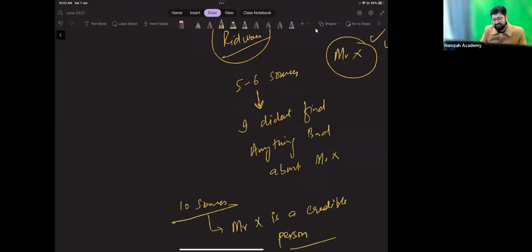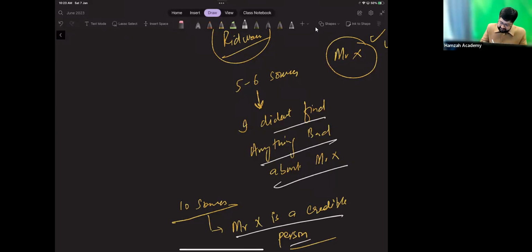Now, what is the difference between the two? This is one statement here, the other is here. Mr. Ridwan didn't speak against Mr. X, neither here nor here. Then what is the difference? The difference is levels of assurance.